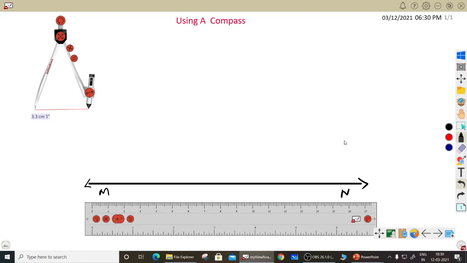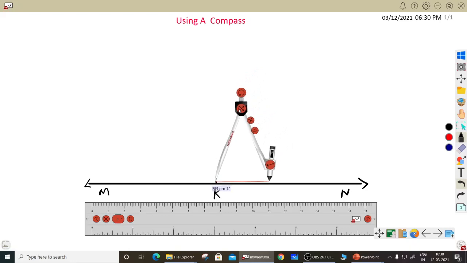Okay, and let us take a point over here and name it as K, so that we can draw a perpendicular at this point. Where to draw the perpendicular with respect to MN? So I have to mark that point and name that point. I have named it as point K. Bring the compass to that particular point.